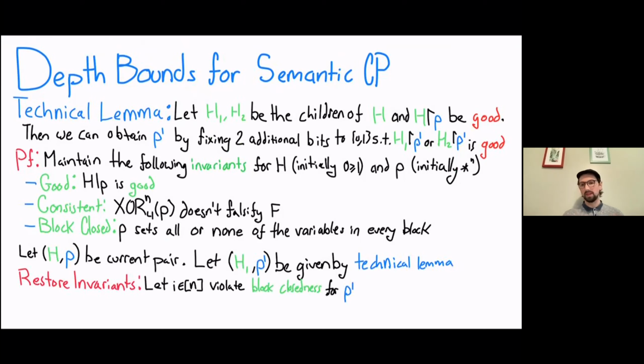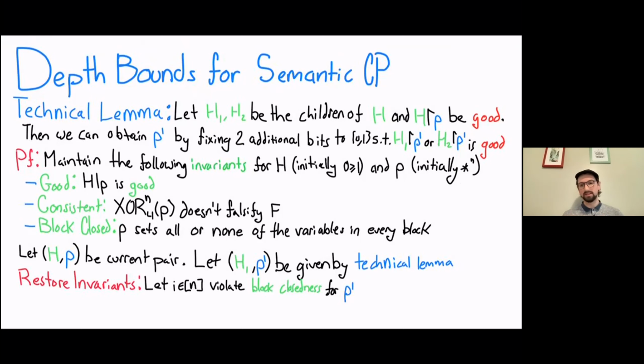Basically the thing we need to restore is this block-closedness. We need to set the remaining variables in the blocks that do not have all variables set. By the technical lemma, rho prime sets 2 additional bits, so there could now be some block where not all of its variables are free or fixed.